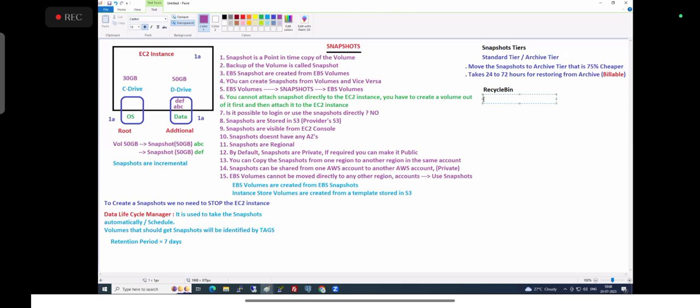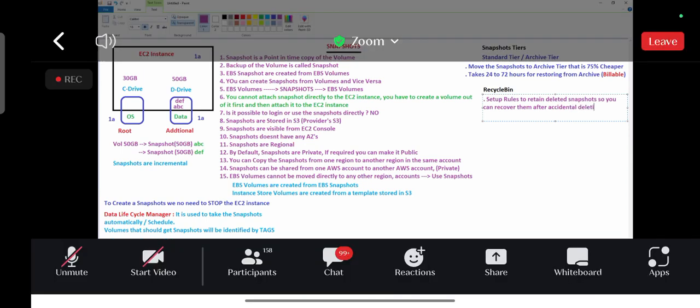No. Super. So set up rules to retain deleted snapshots so you can recover them after accidental deletions.